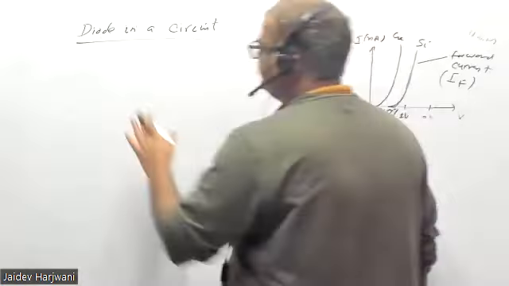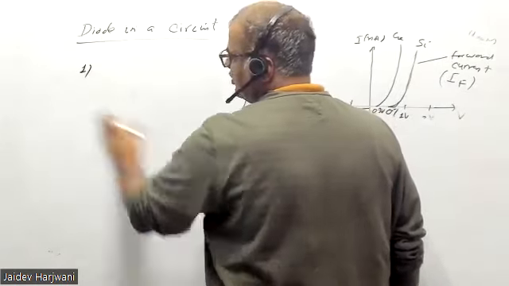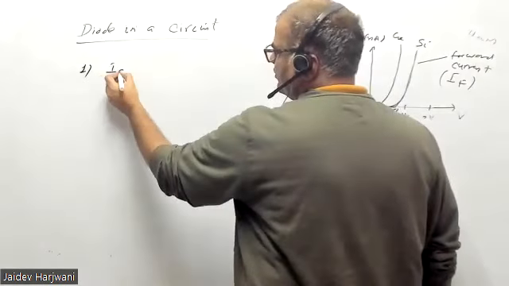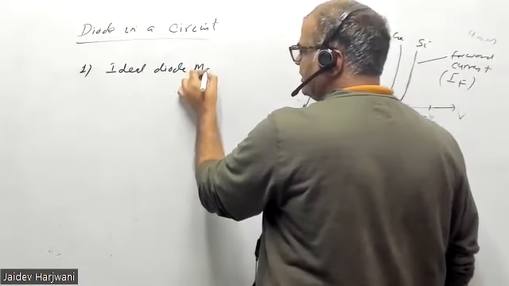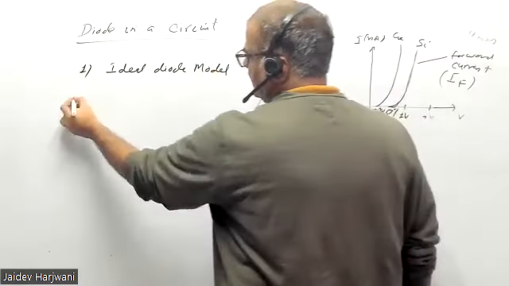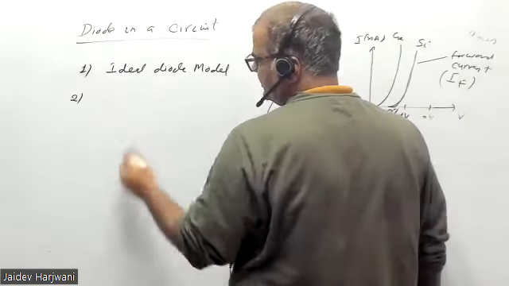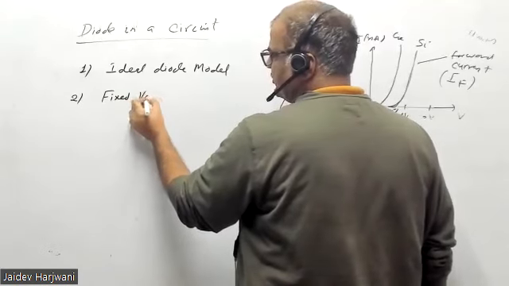Whenever you want to deal with a diode in a circuit, there are models by which you can deal with it. One is called the ideal diode model. Another is called the fixed voltage model.